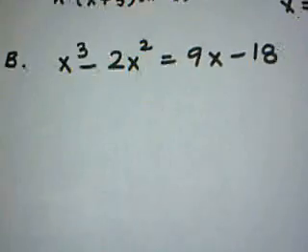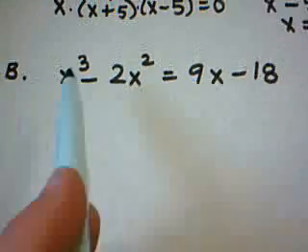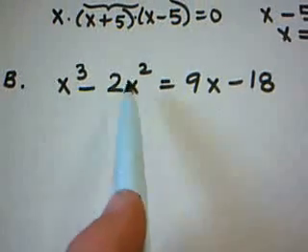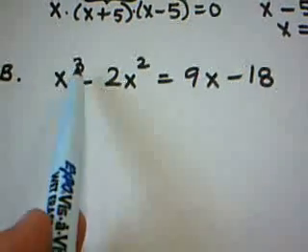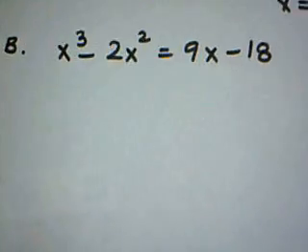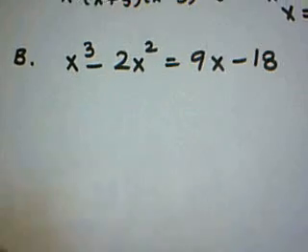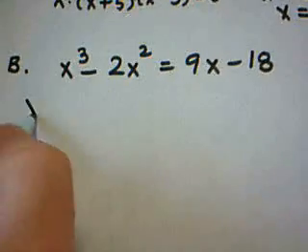Now, when I look at equation B, x to the third minus 2x squared equals 9x minus 18, it is also a cubic equation, degree 3, so we could be expecting as many as 3 solutions. Let's put this in standard form.